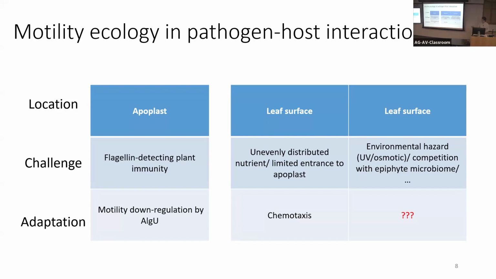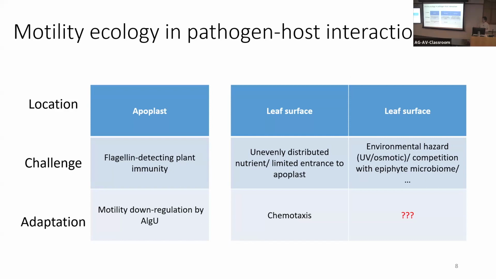So that adaptation, as our lab has previously found, is that it can use LGU to downregulate motility as well as flagella synthesis there. You can apply the same logic to other locations where the plant pathogenic bacteria can land, such as the leaf surface, before they enter the apoplast.